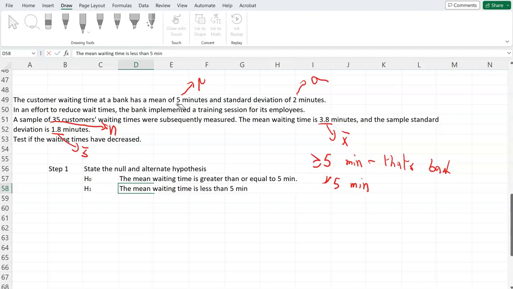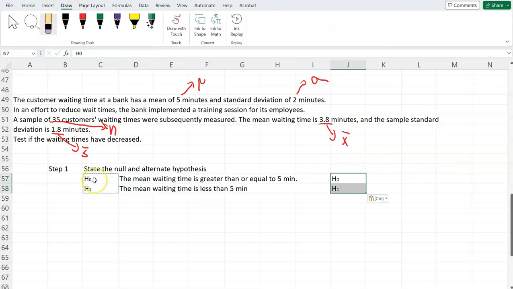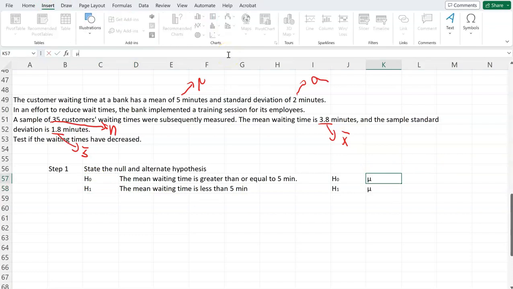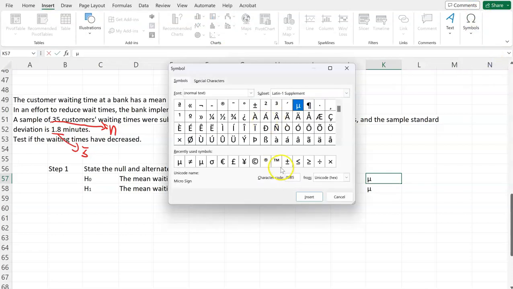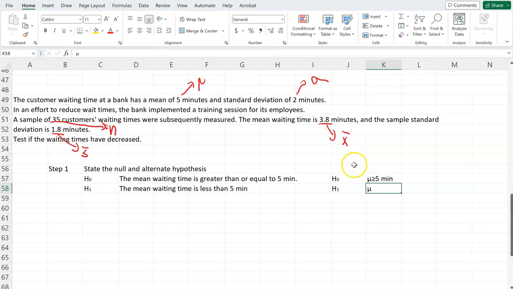Or in other words, if I were to write it in notation form, in the null hypothesis I would write that mu is greater than or equal to 5 minutes. And my alternate then is that mu is less than 5 minutes.